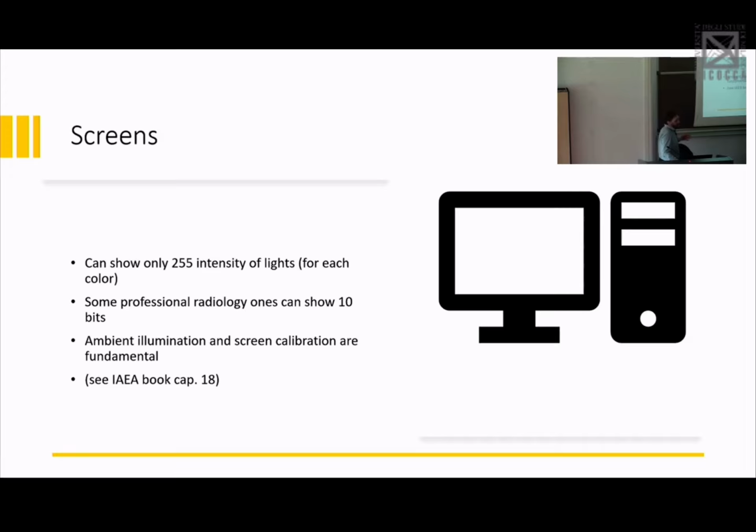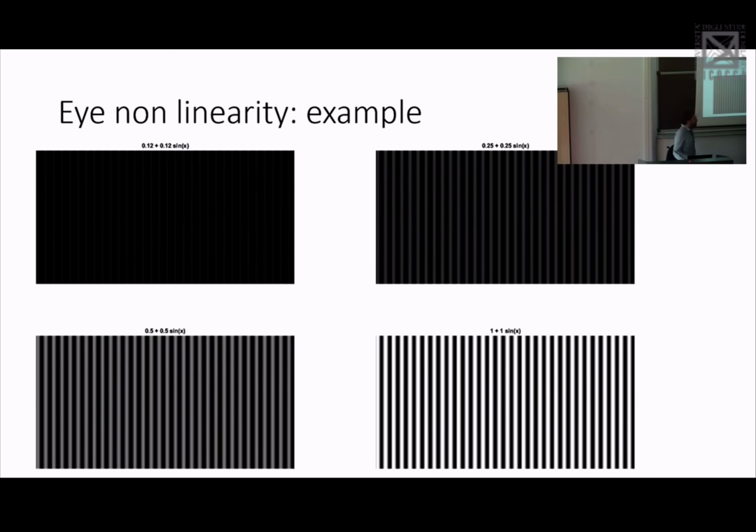If you are interested in this topic, in the book whose link I put on the previous slide, there is a whole chapter dedicated to that. We can see some examples of nonlinearity. All these images have exactly the same contrast, but they are shown using different parts of the intensity spectrum that you have available.